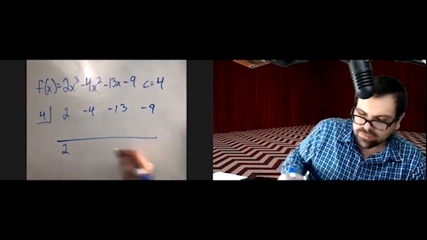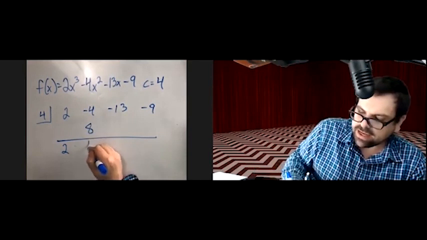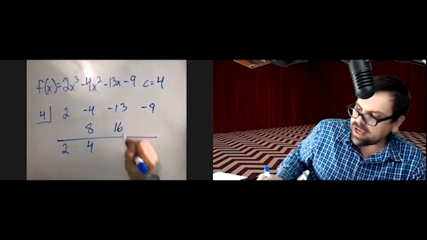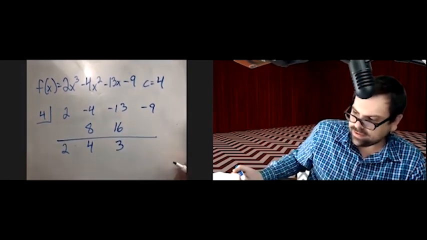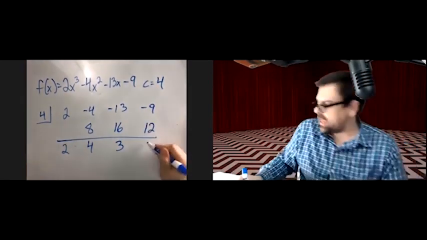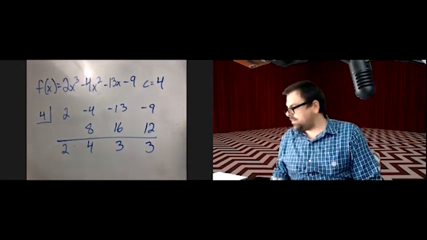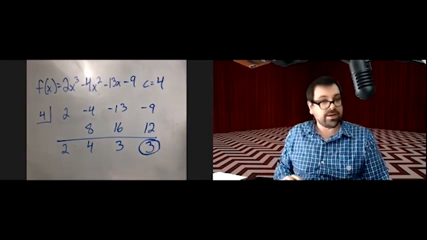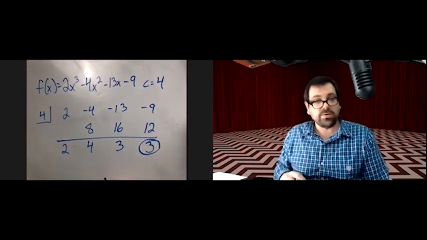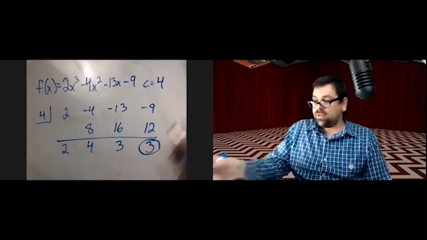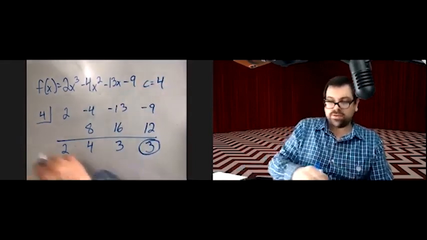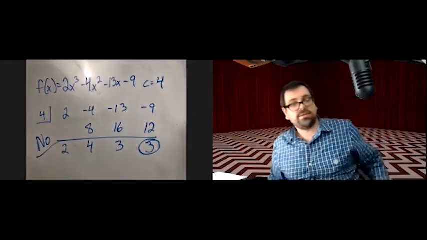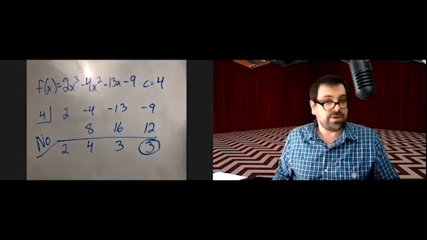Bring down the first number, multiply and add. Multiply and add. Multiply and add. 3 is a remainder here. The remainder is not 0. Therefore, 4 is not a 0 of this function.